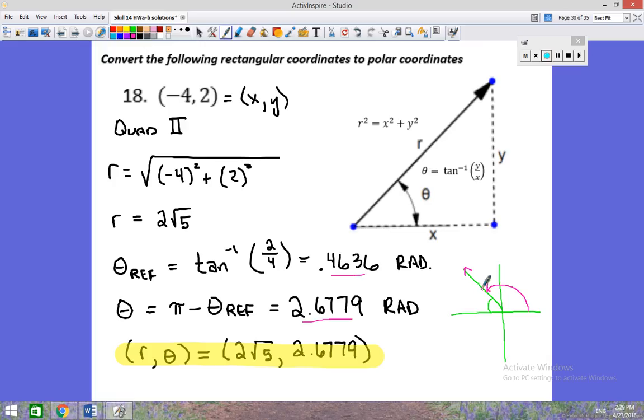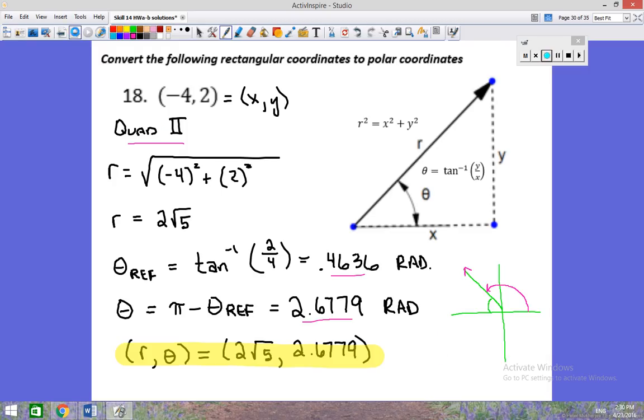So remember, if you're in quadrant 2, to find the angle, it's pi minus that reference angle. Had I been in quadrant 3, it would have been addition. Had I been in quadrant 4, it would have been 2 pi minus that. So it was crucial for me to identify that I was in quadrant 2 if I'm going to work with these reference angles. So anyway, for number 18, that's my final answer.